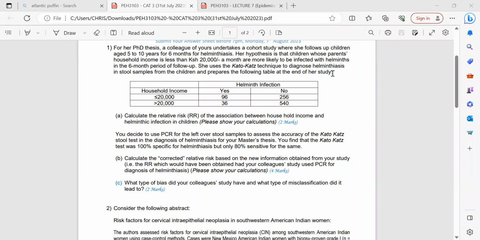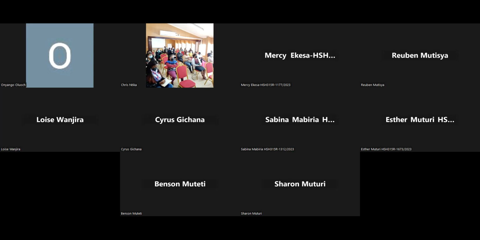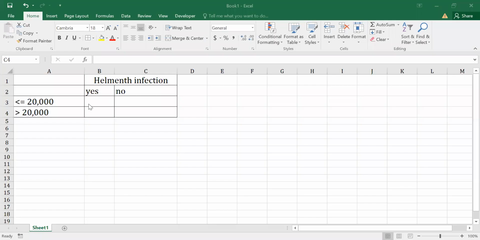Let me try and draw the 2 by 2 table, so that we can get the same sample size. So here we will put 77, then here we'll put 29, then here we'll say 256 plus 17, then here we said 29. 17 or 19? Should be 19, right? Let me see, it's 96 minus 77.